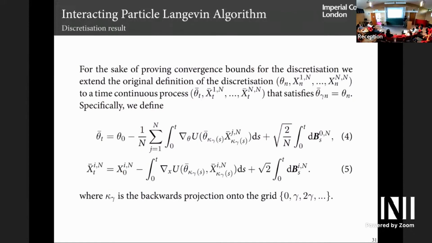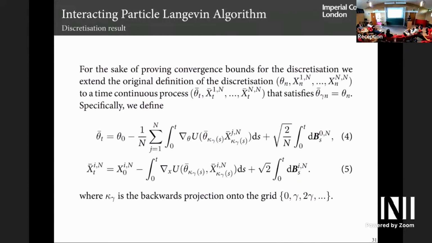Because once you discretize it, of course, there's a discretization error, and this is how you prove discretization error: you construct a continuous time system that agrees with the discrete time system, but then you can compute the distance between this and the original continuous time system, right?